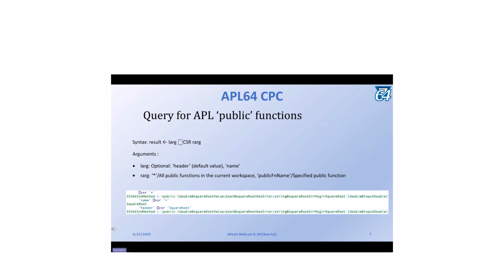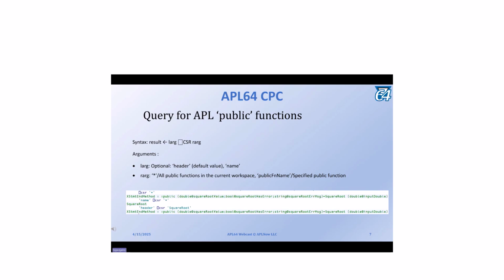You have an option on the left argument. The default is to give you the entire header of the functions, or you can use the optional value name, and then quad CSR will give you only the names of the functions that have been decorated with the colon public keyword.